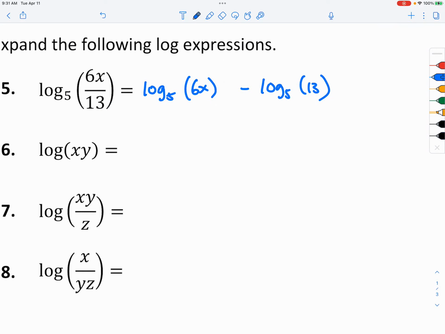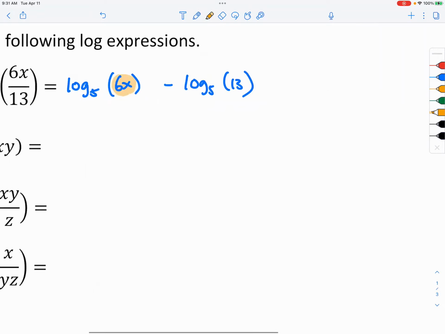Okay. And actually, if you look at this part right here, we could actually do something more. Can you see how we can do something more to break this down even further? See if you can see it. Can you see this is 6x? Can you see 6x is 6 times x?